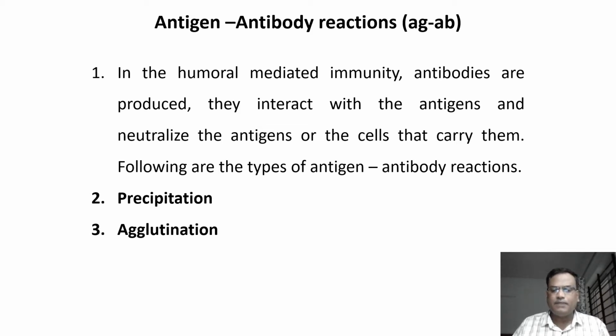Following are the types of antigen-antibody reactions. These reactions can happen in two ways. One is precipitation and the other one is agglutination. So precipitation and agglutination are the two main types of antigen-antibody reactions which are going to neutralize the pathogen.